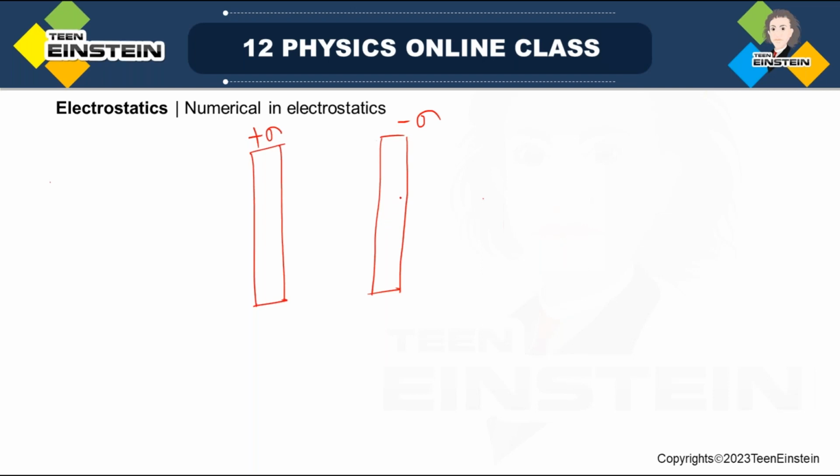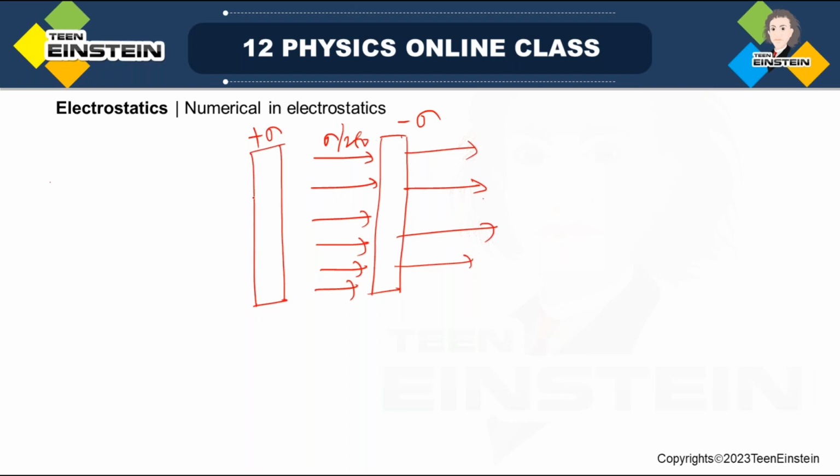If I draw electric field lines for this negative plate, they will be like this in this region, and in this region also, like this. And what will be the magnitude of this electric field? Sigma by 2 epsilon 0.